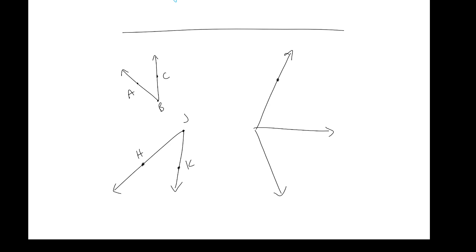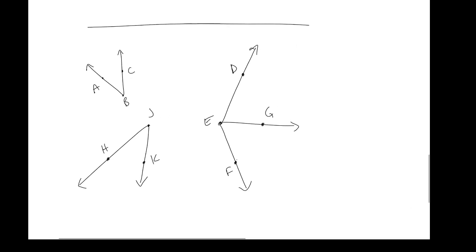Let's get some points on here. This is point D. This vertex right here is E. This point on this ray is G. And then we have F right here, at the bottom.